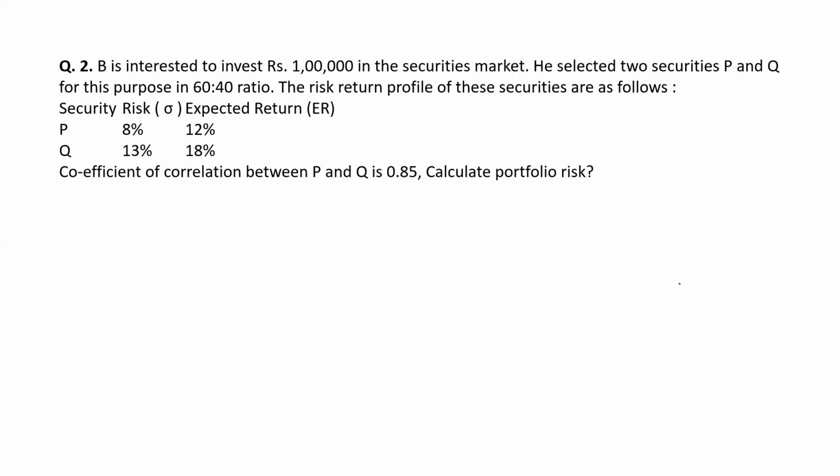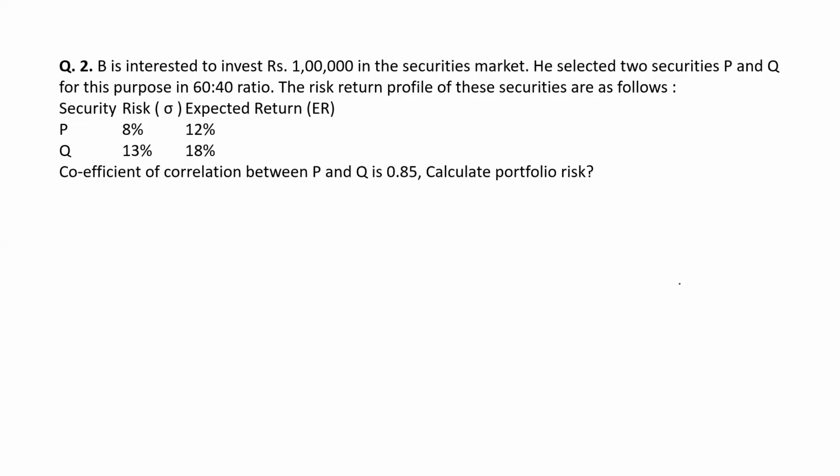Okay, tell me one thing. Have you gone through the question? Is the amount important in the question, or will we use 1 lakh in the calculation? No, that is not required. What is important is the weightage. And how much is the weightage between P and Q? 60-40.